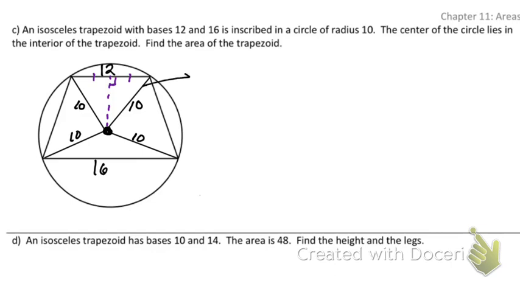So this triangle, I'm going to pull this out real quick, forms a right triangle where we have a hypotenuse of 10 and a base of 6, because we divide that in half. Now, this height I'm going to call x.